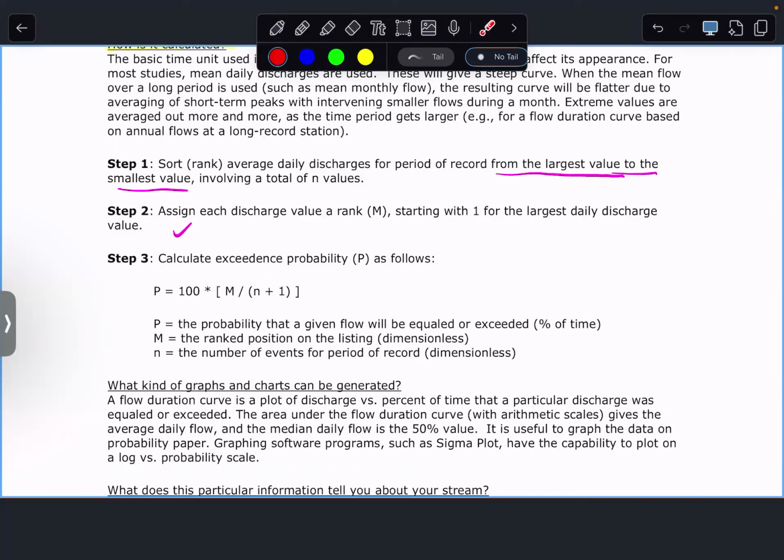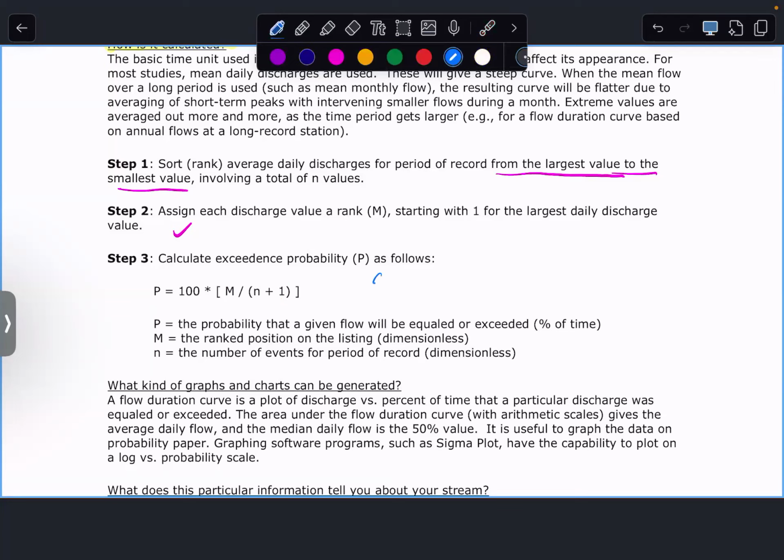And so P is going to be the probability that the given flow will be equaled or exceeded, right? If we think about the first rank, 1, over the total number of points plus 1, that's going to be the smallest possible value, right? Because it's the largest, the probability of exceeding it is going to be the smallest, right?